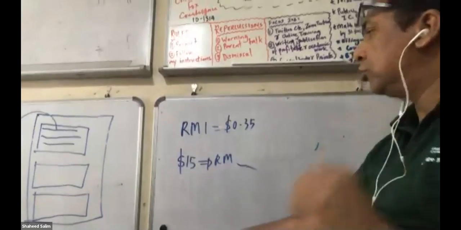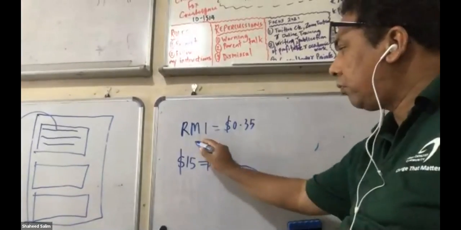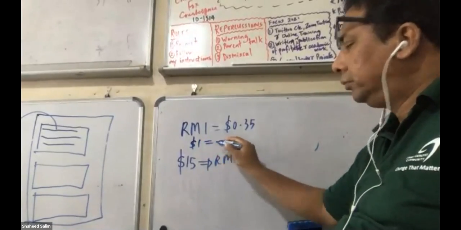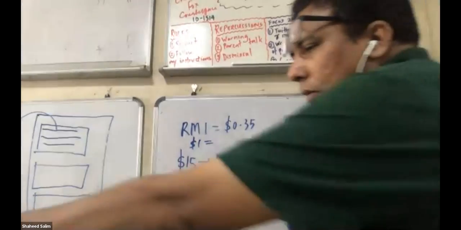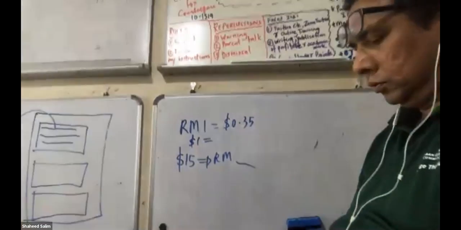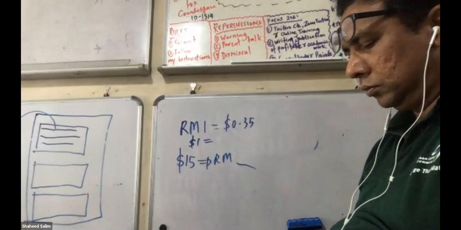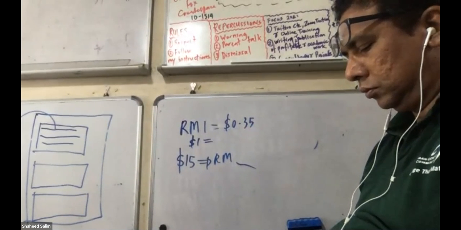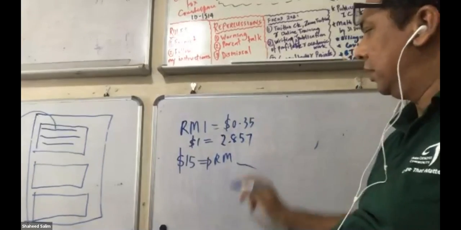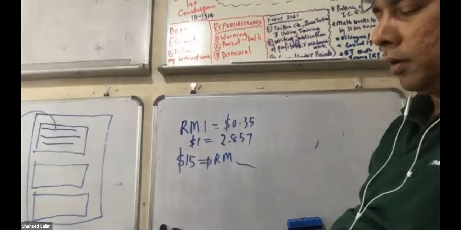You tell me how much is 1 Sing dollar in ringgit? 2.857. Okay.